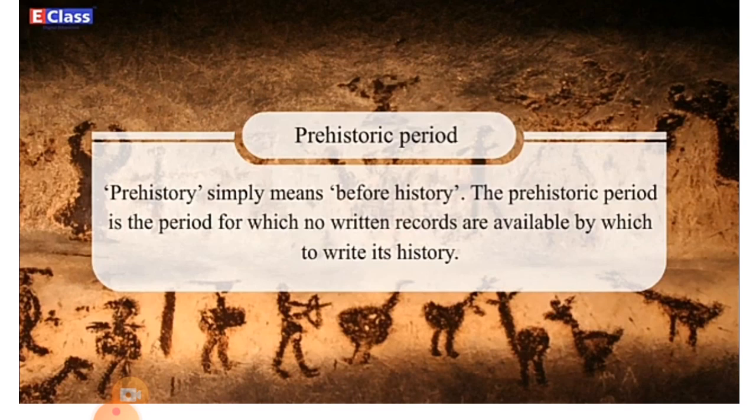Prehistoric period means, dear students, prehistory simply means before history. Pre means before. The prehistoric period is the period for which no written records are available by which to write its history.